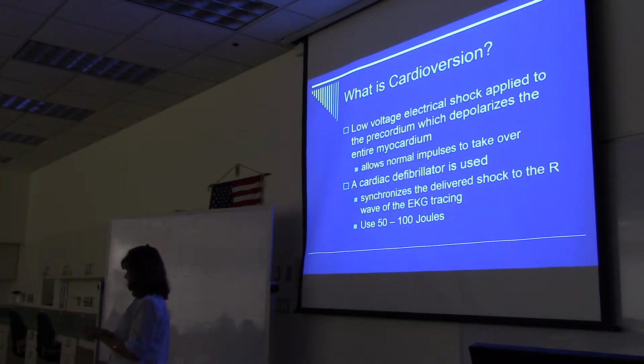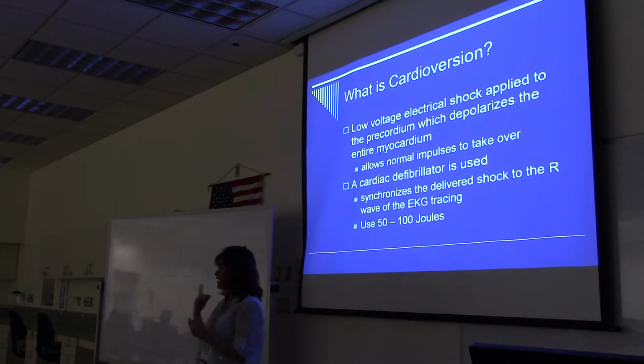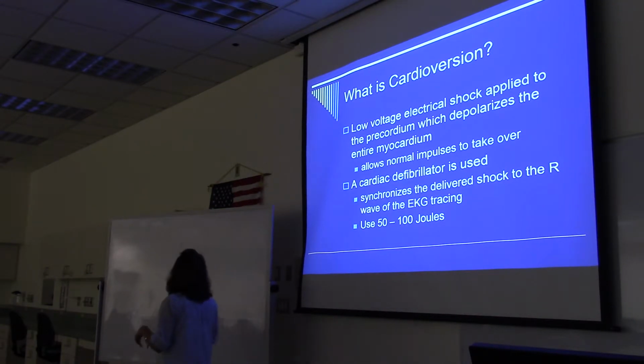Cardiac arrest. If they deliver the shock at any time and it happens to hit during that relative refractory period, the heart can pretty much stop, it just starts to quiver or fibrillate, and now you've got a cardiac arrest. So that's why they have to synchronize with the R wave and make sure it's delivered when the ventricles are depolarizing.